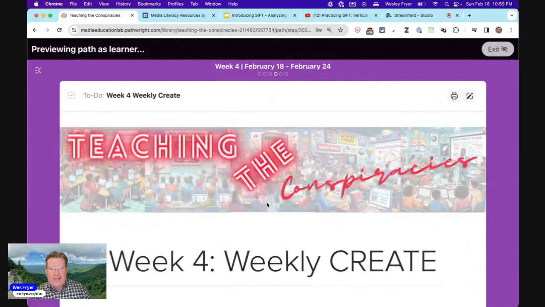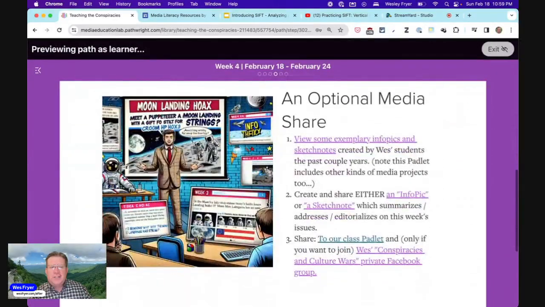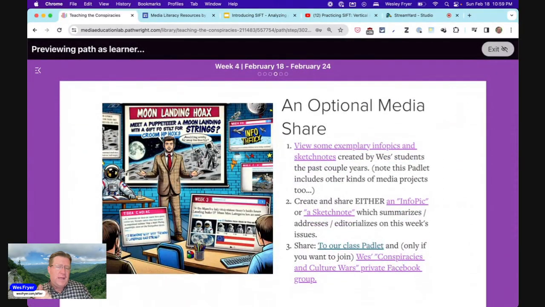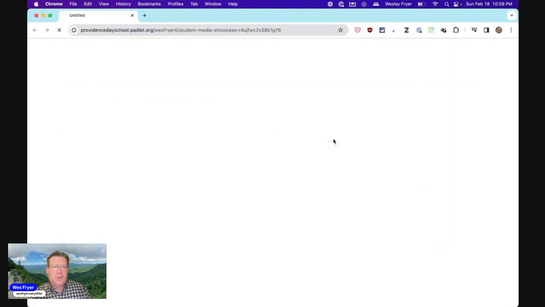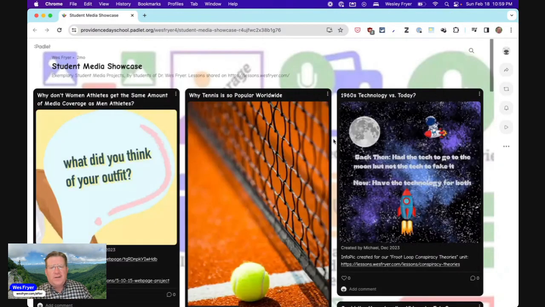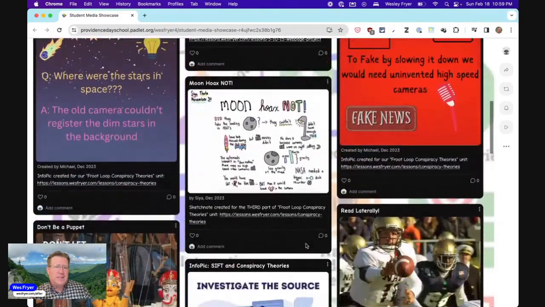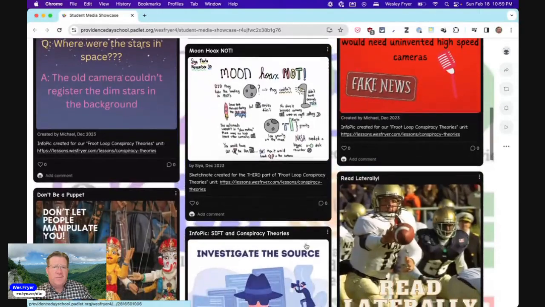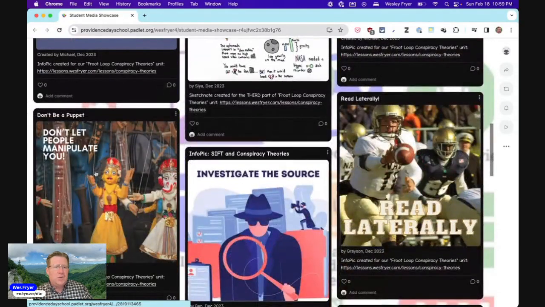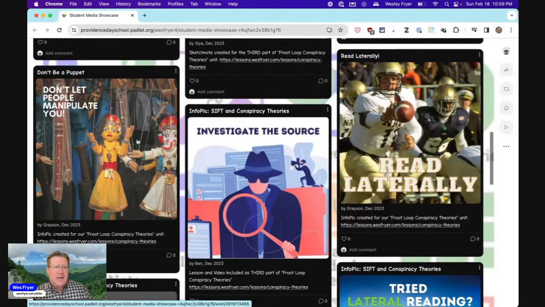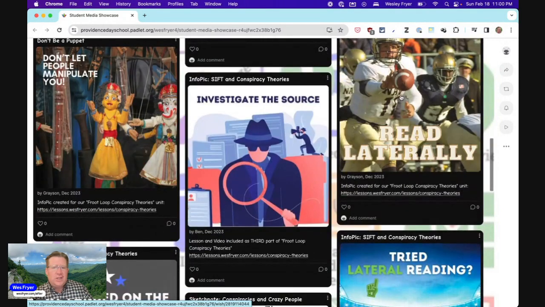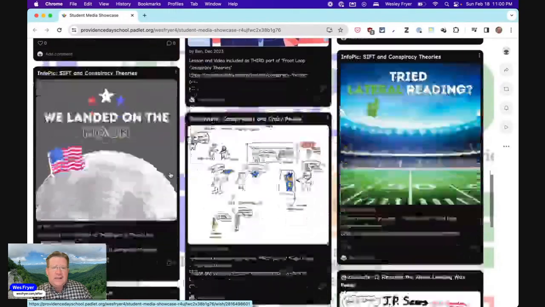The weekly create is again optional, but the challenge this time is to create either an info pic or a sketch note. And I've included a link in a couple places here to a showcase that I've created for my students of some excellent media examples. Not all of these are from this unit, but many of them are. You'll see some sketch notes, and some info pics referencing the idea of marionettes and not letting people manipulate you, and lateral reading.